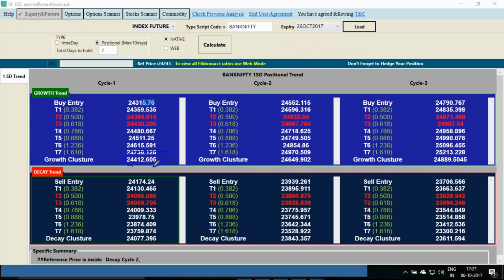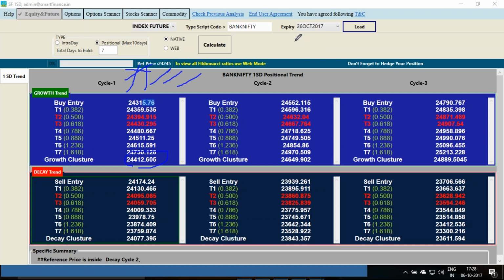The technical definition is the price point through which the majority of the retracement lines pass. These retracement lines, which we have drawn here, 0.236 to 1.618, are all Fibonacci retracement lines. In a chart, if you draw all these lines, there will be one price point having a nature to touch the majority of the retracement lines. That is also known as your cluster.